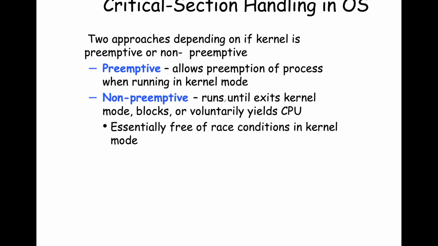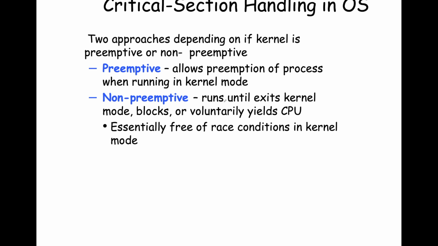When you're handling critical sections in an operating system, there are two different choices to think about. One is preemptive, and preemption means that you allow a process to be preempted even when it's running in kernel mode, or even when the kernel is handling a trap on behalf of that process. Non-preemptive critical section handling in the OS means that it waits until the kernel exits, or some natural blocking call, like waiting for I/O, occurs and it voluntarily yields the CPU.